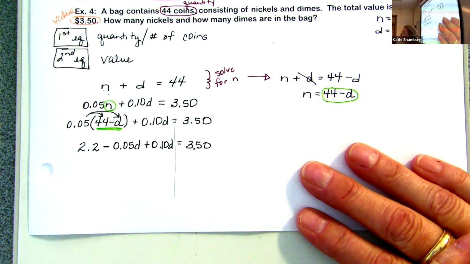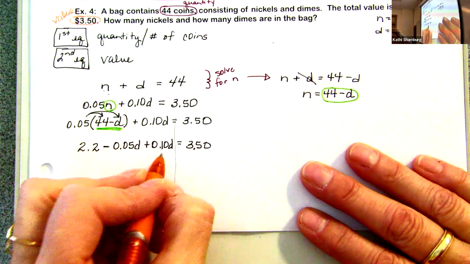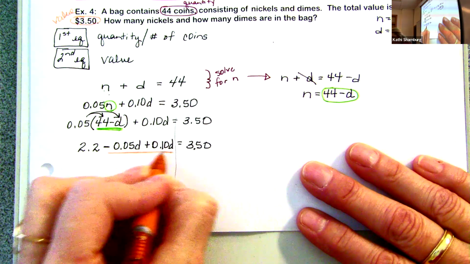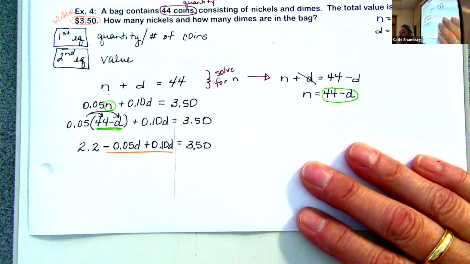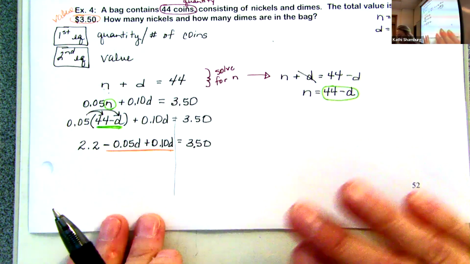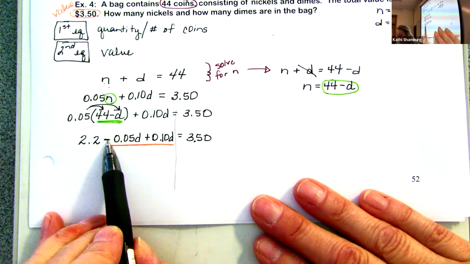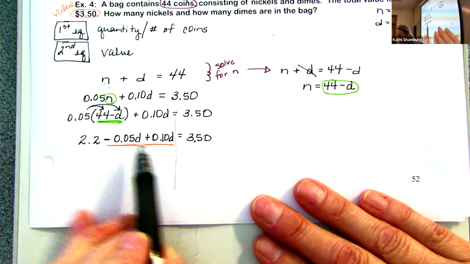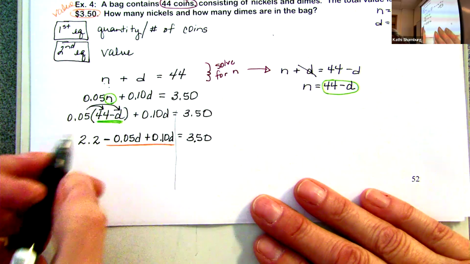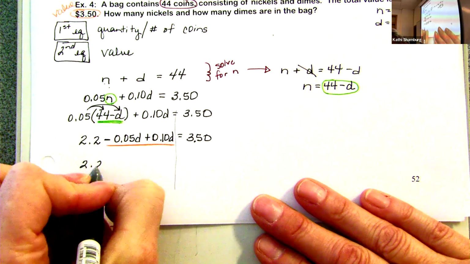All right. Don't start moving any of the terms with the D. They're on the same side, so you are going to combine those like terms. You can do this in your calculator: negative 0.05 plus 0.10. We still have the 2.2.